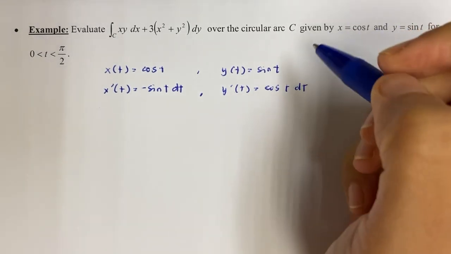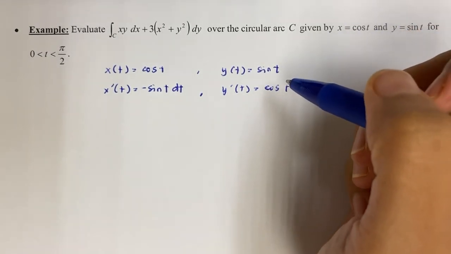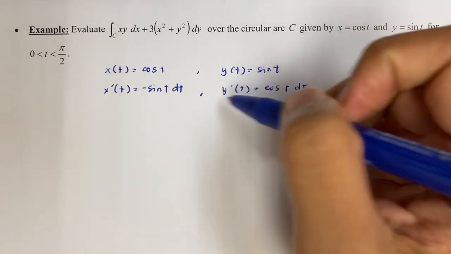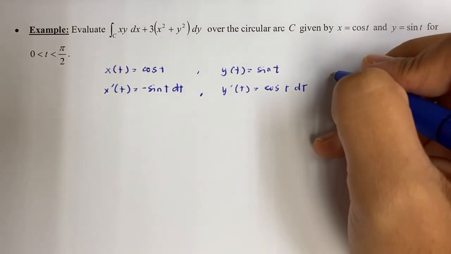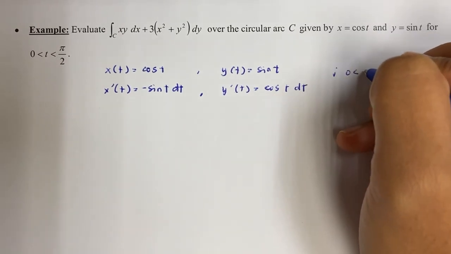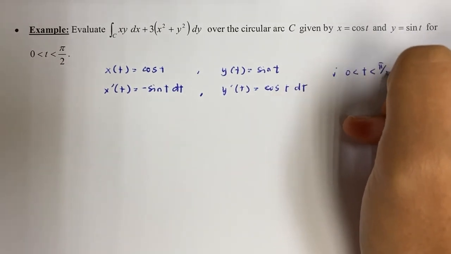You differentiate your x and y with respect to t, so that's why you have dt here, and t is from 0 to pi over 2.